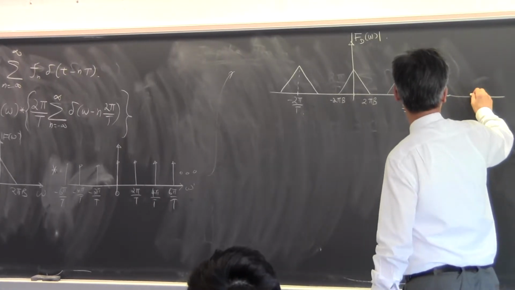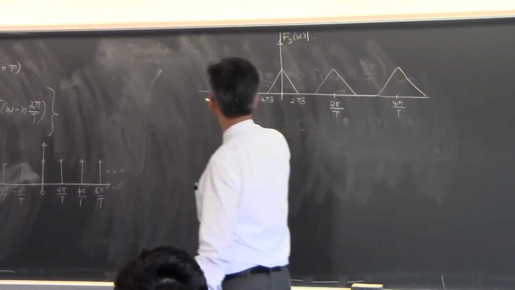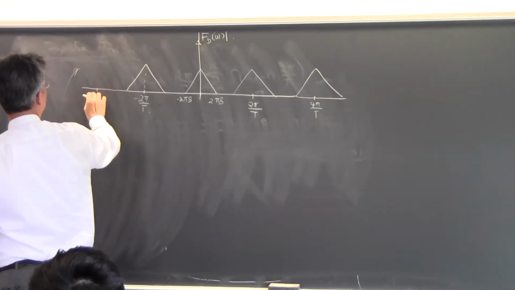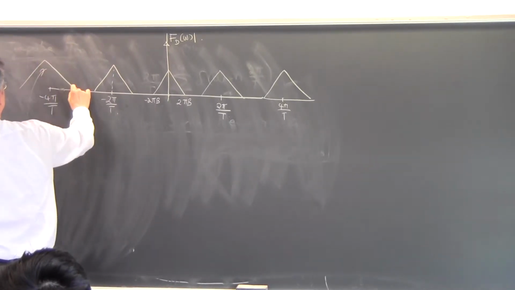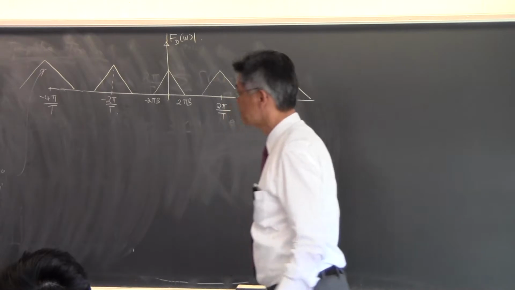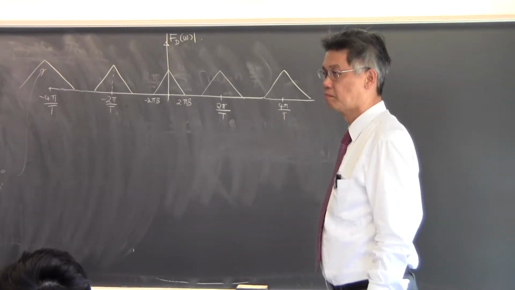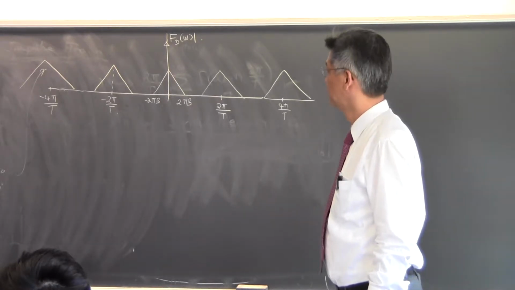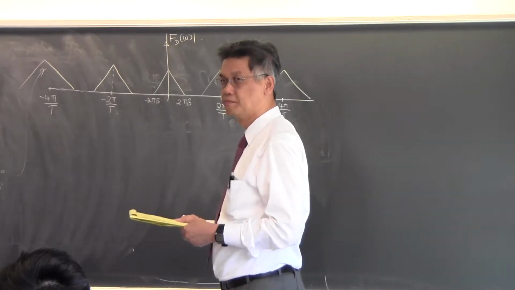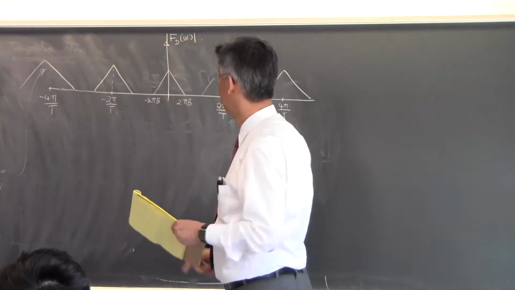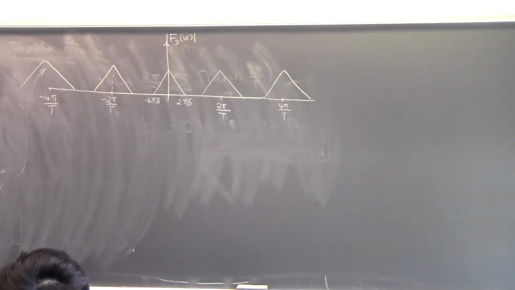So there should be one at 4 pi over T, and one at minus 4 pi over T, and another one over here. What is the height of this triangle? Let's assume that this is f0.